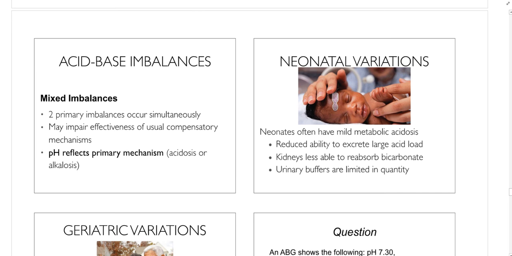So we can also have mixed imbalances where two primary imbalances occur simultaneously. So if a person is hyperventilating and then they also start, let's say, profusely vomiting, then we are not only excreting CO2, which is going to make us more alkalotic from a respiratory standpoint, but we're profusely vomiting, which is going to lead to metabolic alkalosis because we're getting rid of all that gastric acid, which has a huge amount of hydrogen ion, and we're going to have that double whammy going on there.